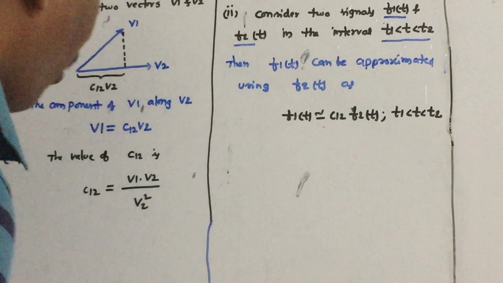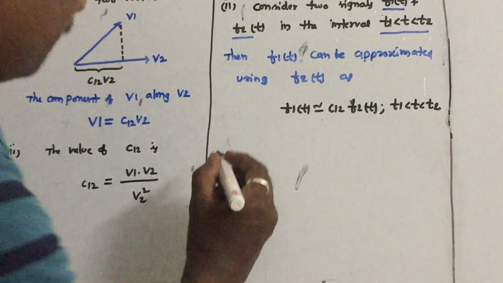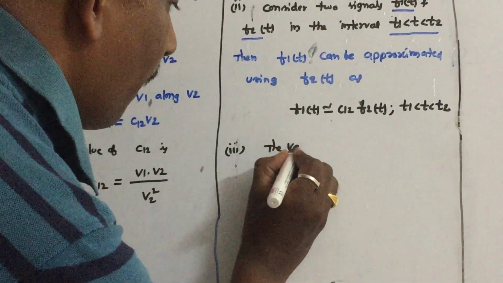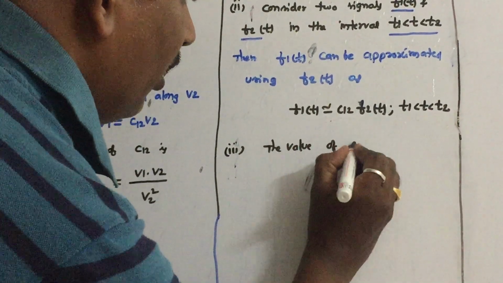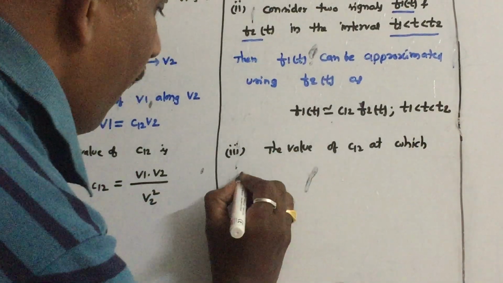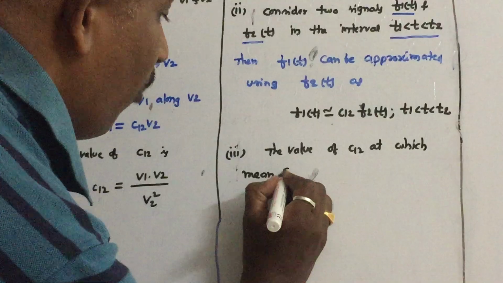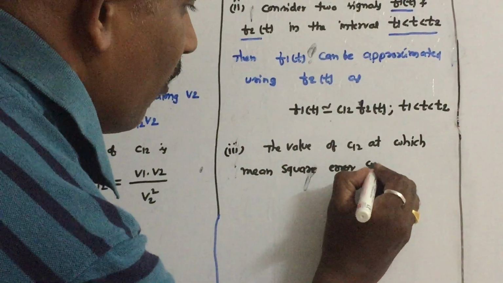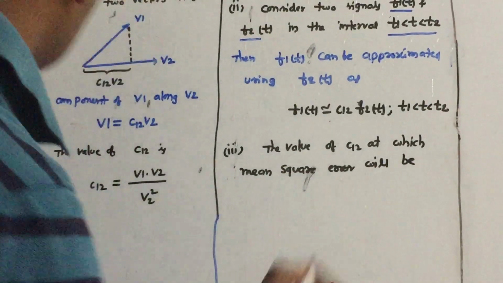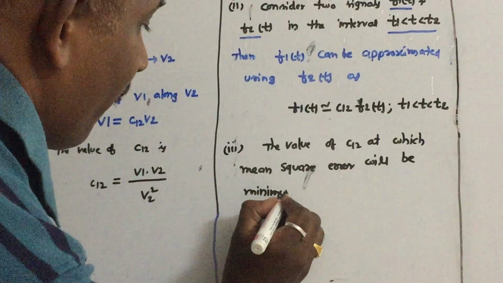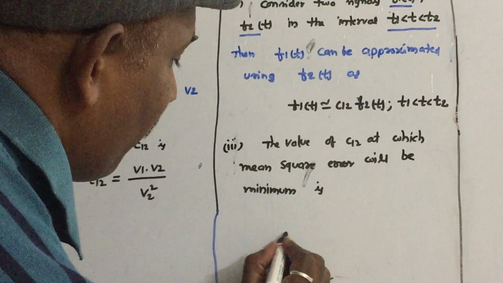So let us see the third point here. For signals, the value of C12 at which the mean square error will be minimum is, what is the formula for C12?